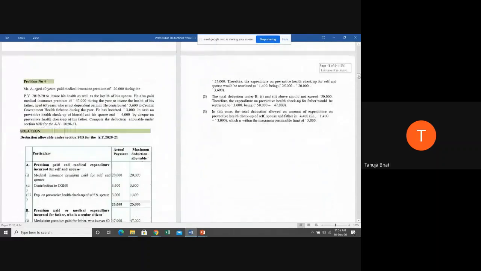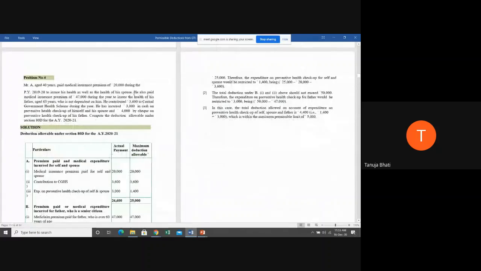We only need to keep in mind that the total should not exceed 25,000. So it is 3,600. 20,000 is the premium plus 3,600 becomes 23,600. Still it is below 25,000, so he can claim a deduction.